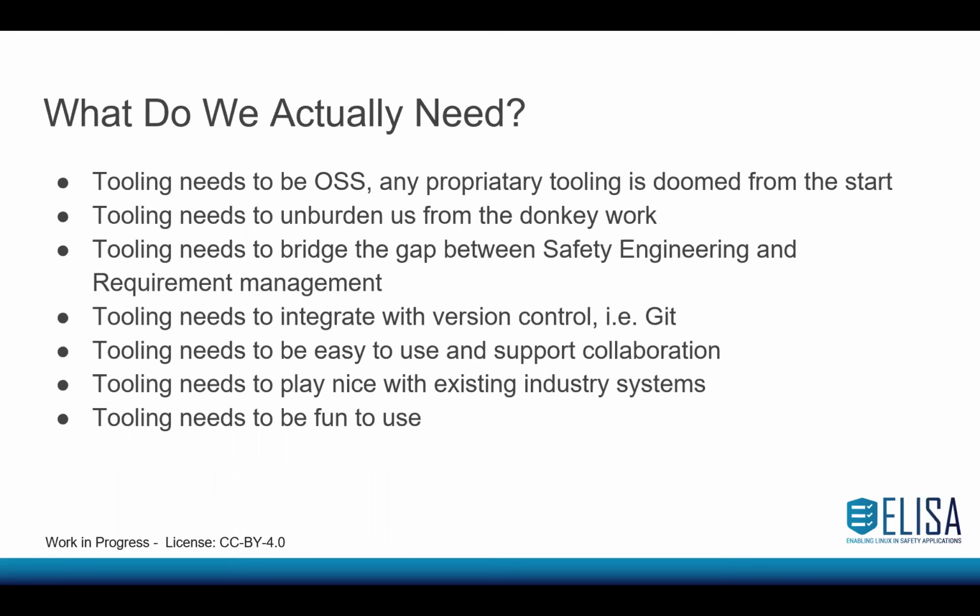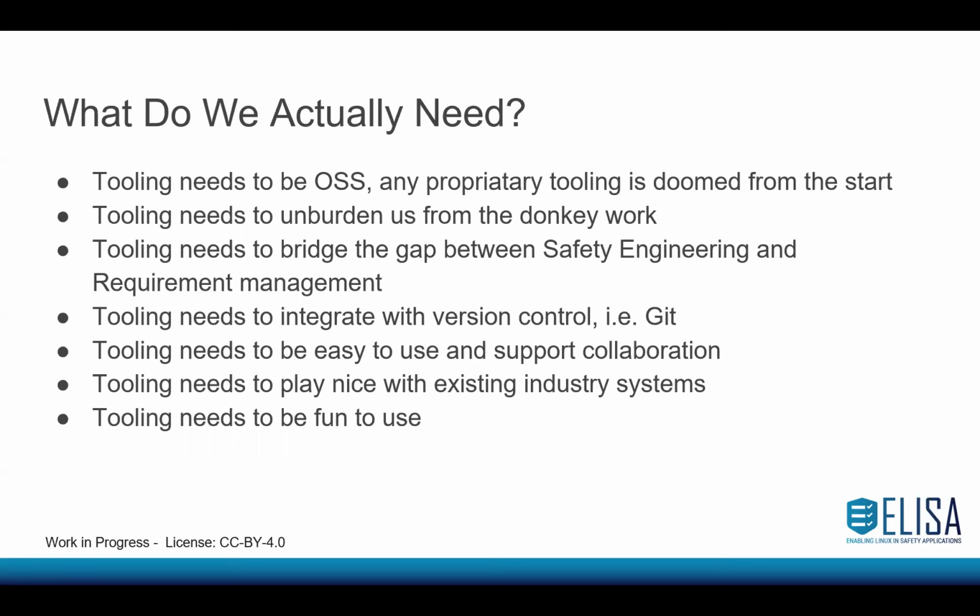Then, I already mentioned we have a bit of a schism between what safety engineering needs and what requirements management needs. I'm talking about the repetition part and keeping stuff consistent. We'll get to that in a second, because from a safety side, we need to be able to read a concept like a book, and the requirements management side wants a single source of information, and that's pretty much it in that area.